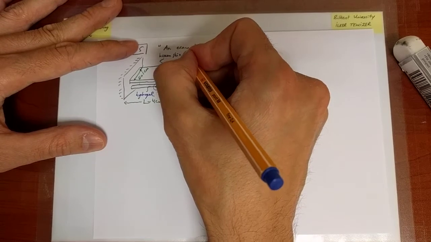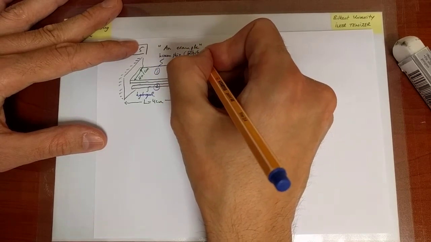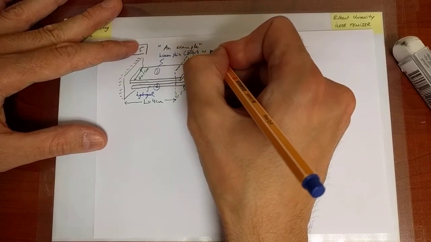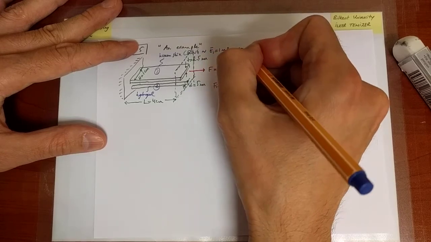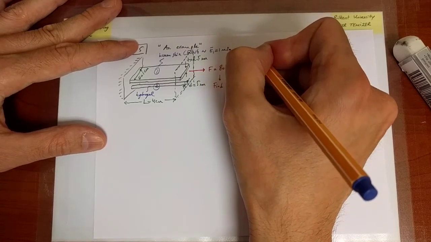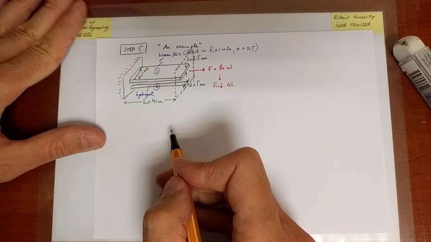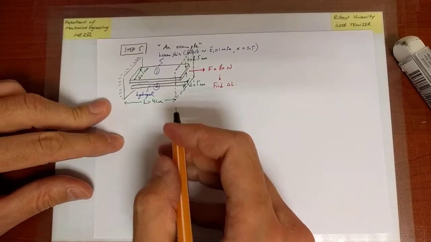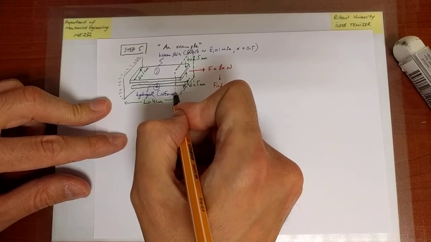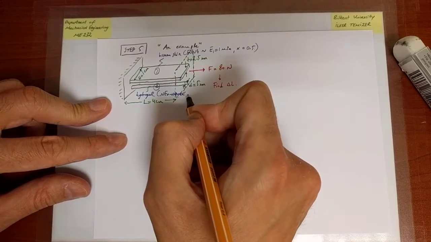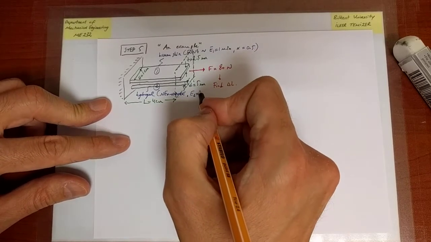So the human skin is going to be the Fung material, associated with a Young's modulus 1, which is 1 MPa, and remember there is a free parameter alpha, which I'm going to pick to be alpha equals 0.5. And then in the hydrogel, we have a neo-Hookean material model with a corresponding Young's modulus of 5 MPa.